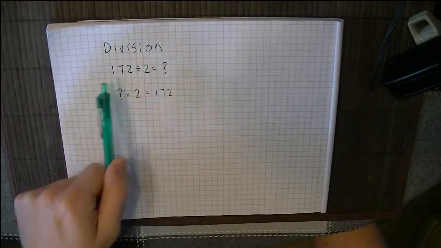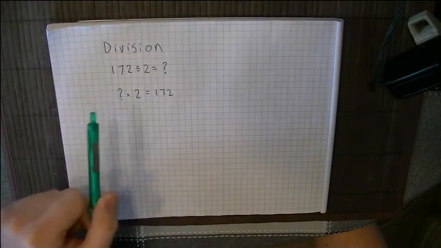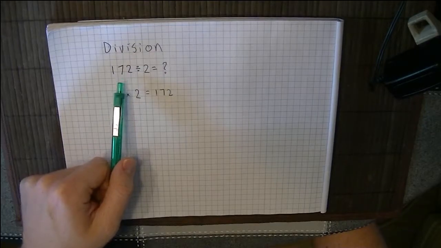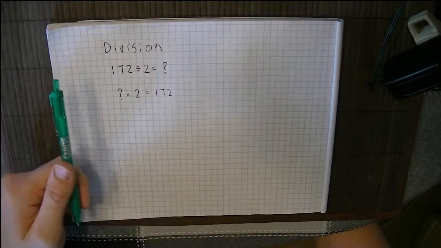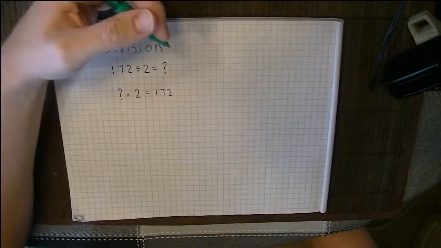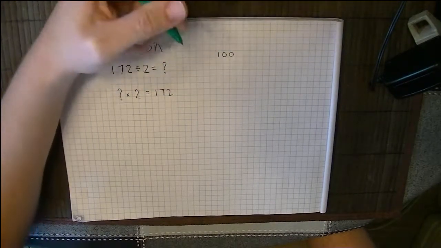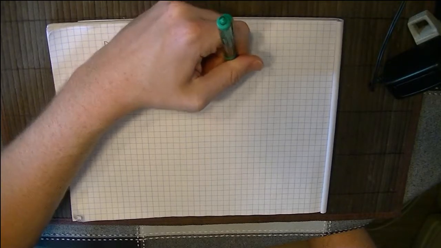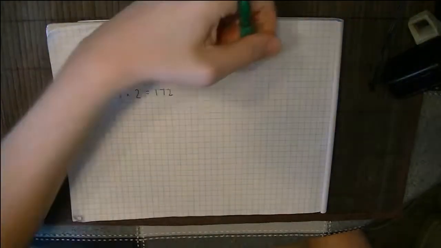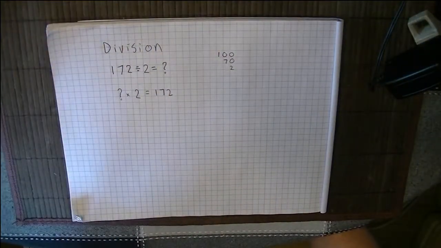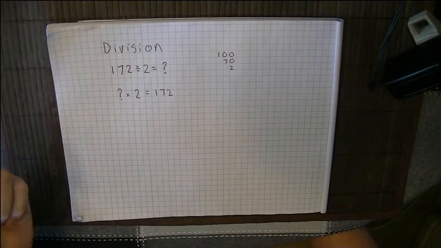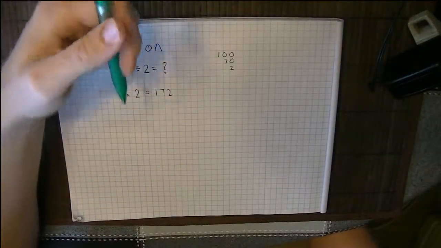What you can do is just go through the number, break it into pieces. So we're going to take this 172 and say, well, I could think of that as 100, 70 and 2. Okay, and then what I can do is just divide each of those pieces by 2, and then add them up.